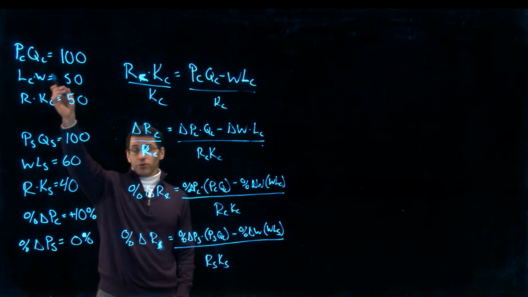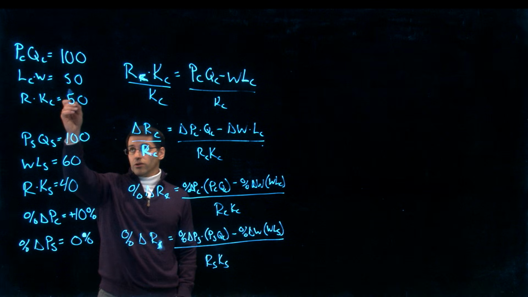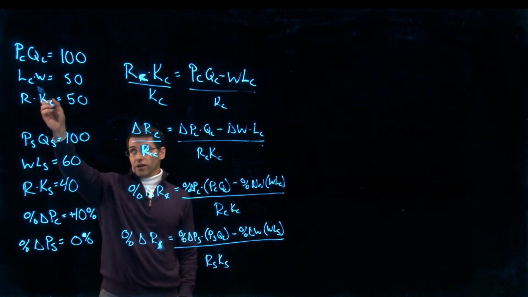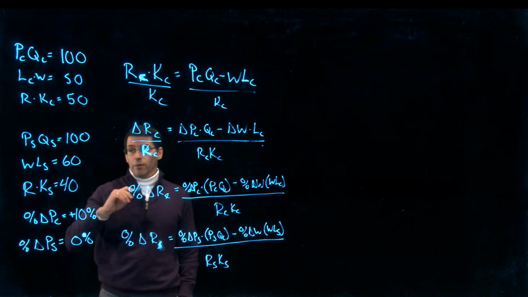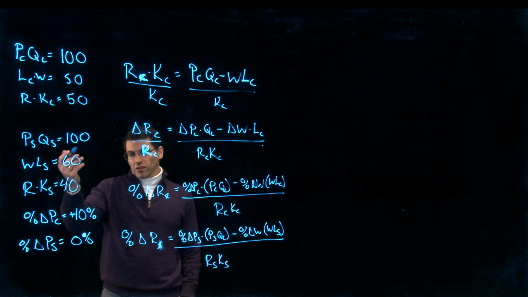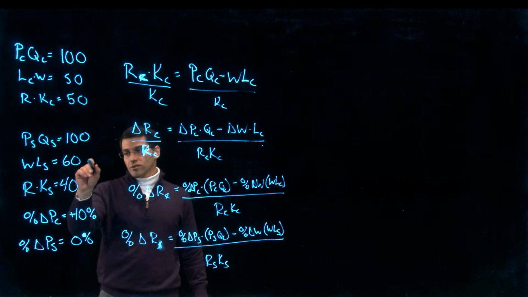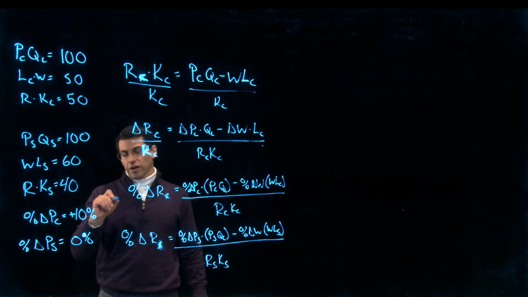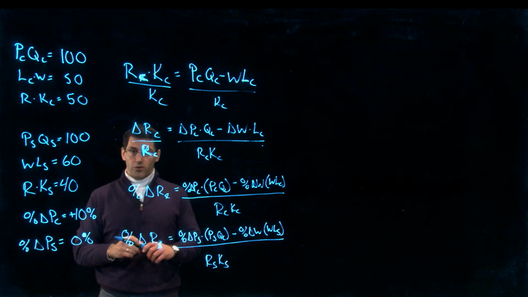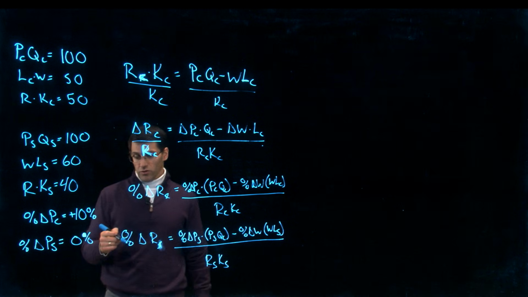We have total revenue in computers of 100. Out of that 100, $50 is paid to labor, 50 to capital. Keep things easy. Total revenue in the shoe sector is also 100, but here, $60 is paid out in wages and $40 is paid out in rentals to capital.